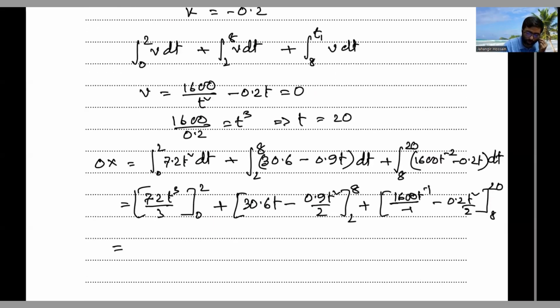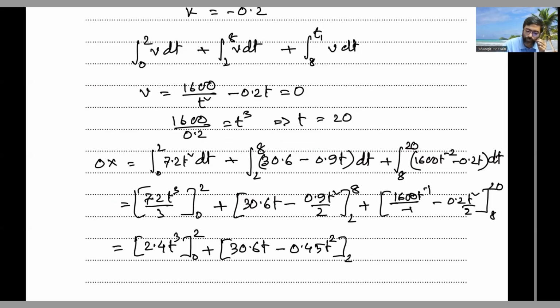So the first one, 2.4 t cubed. Second one, 30.6 t minus 0.45 t squared. The third one, minus 1600 by t minus 0.1 t squared.